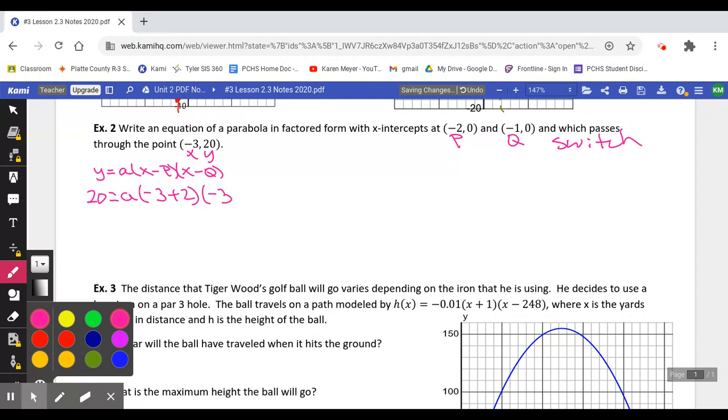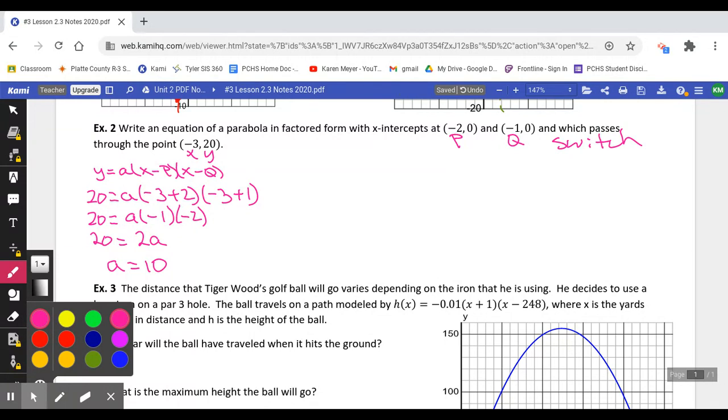And then for Q, don't write -1, switch the sign and write it as +1. So -3 plus 2 is -1. -3 plus 1 is -2. -1 times -2 is +2a. And then divide each side by 2, and we get a to equal 10.